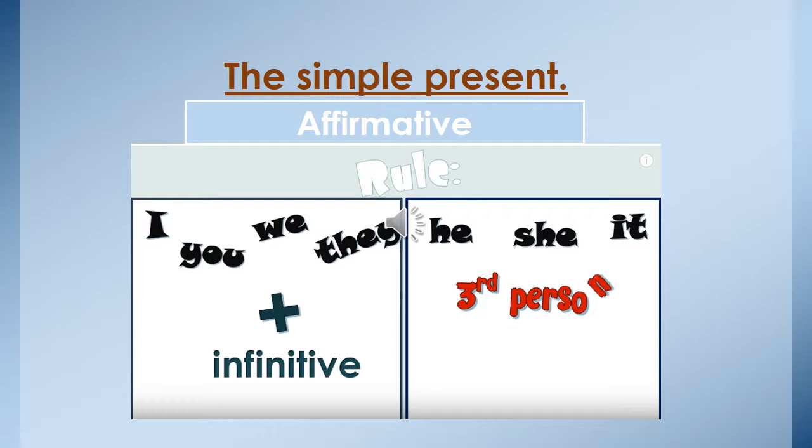You can see the pronouns in plural: I, you, we, they, and you should use the infinitive. On the right you can see the pronouns in the third person singular: he, she, it. Now you should use these pronouns and complement them with other words to make a sentence.